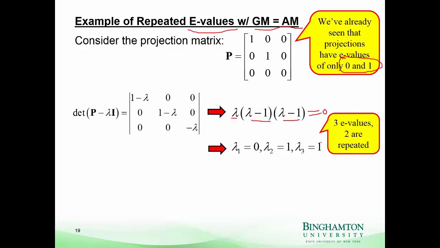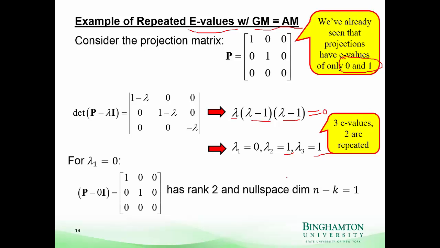So 0 has a geometric multiplicity and an algebraic multiplicity of 1. The value 1 has an algebraic multiplicity of 2. Let's find out its geometric multiplicity. So we plug in lambda equal to 0. Well, we're doing the other one first. We get this matrix. We can see that it has rank 2.